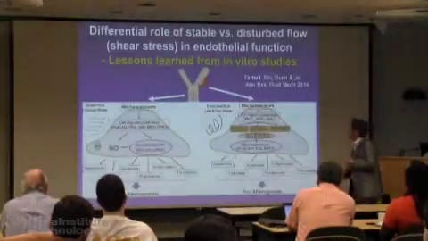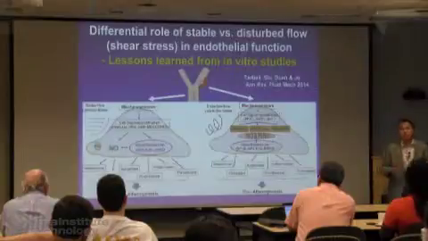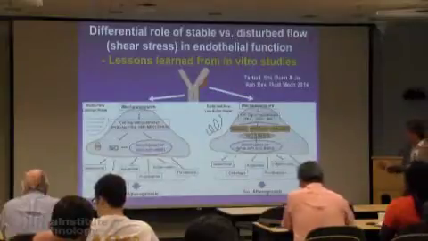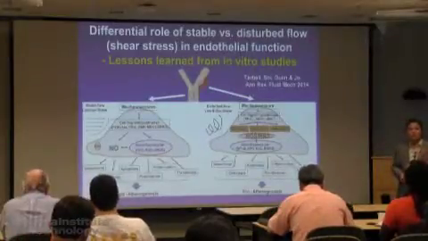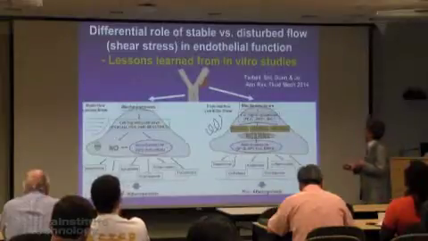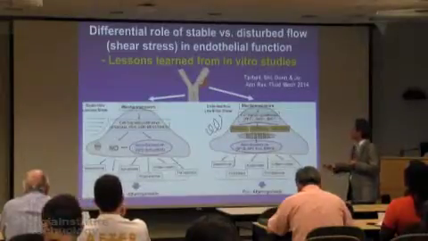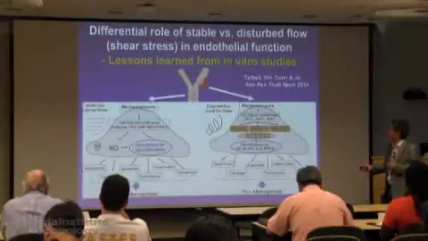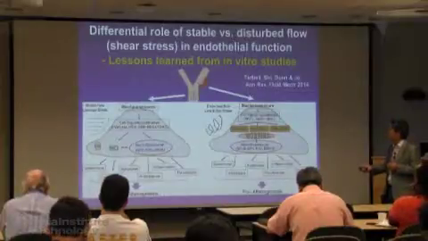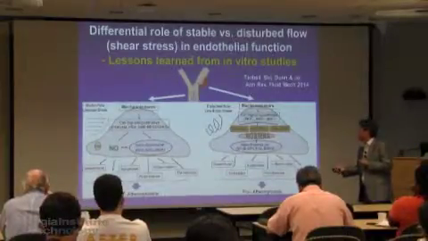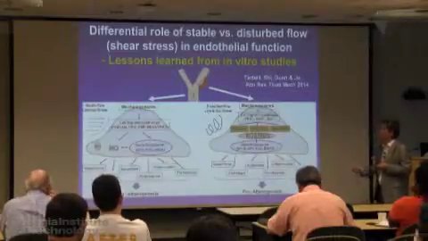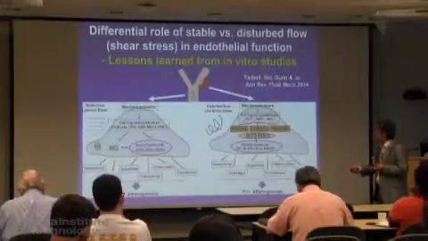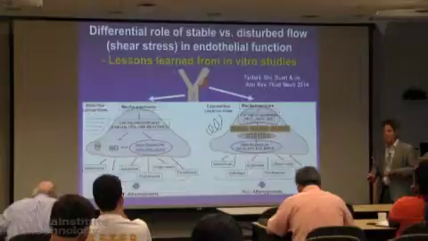So this is really a summary of a lot of work done by a lot of people, including Larry McIntire and Bob Nerem on our campus, where most of these lessons were actually learned from in vitro studies, where if endothelial cells are exposed to a stable unidirectional flow, mechanosensors recognize it, and that causes cell signaling pathways, including the PI3 kinase AKT pathway, protein kinase A pathway, and MAP kinase pathways. These then lead to a subsequent change in eNOS activation to produce nitric oxide.